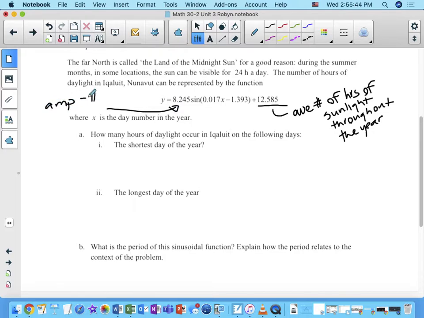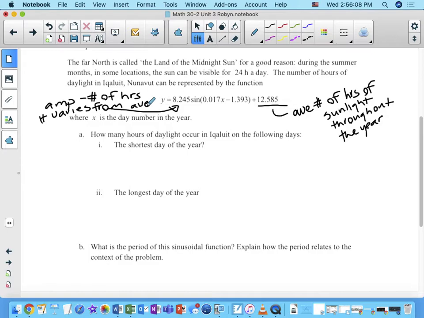This is the number of hours it varies from average. Okay, so if the middle is 12 point something, it's going to go up by 8 or down by 8, and anywhere in between.